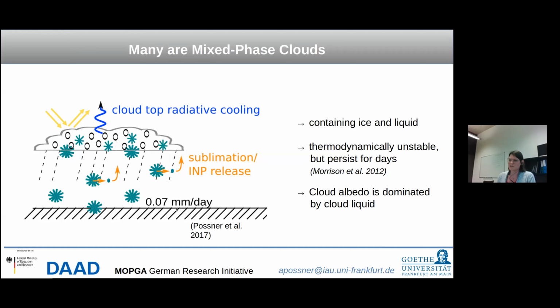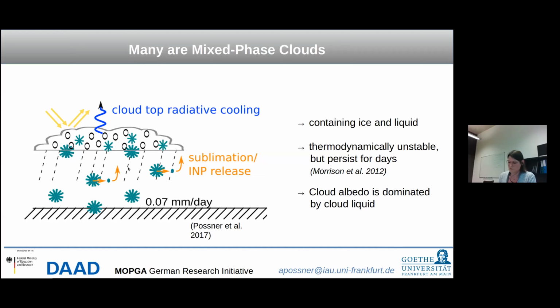And the other thing that you see in this image is that this is a sort of average or typical precipitation rate. It could be a bit more than that at the surface. But in terms of moisture flux to the surface, they play a very minor role compared to fronts or any other storm systems. Most of the precipitation that leaves cloud base actually sublimates or evaporates, depending on which phase it is, below cloud base.